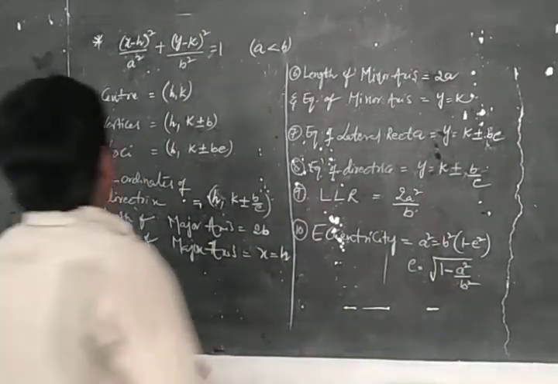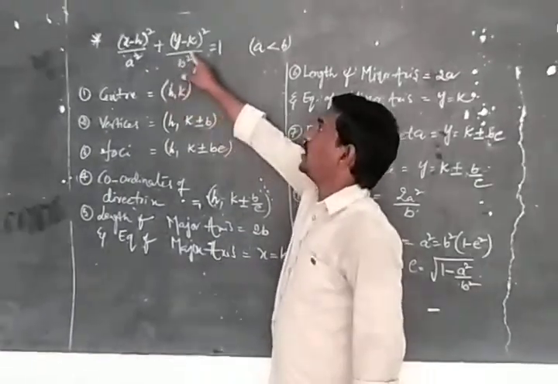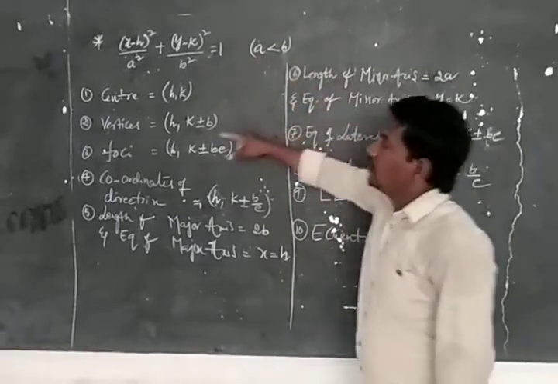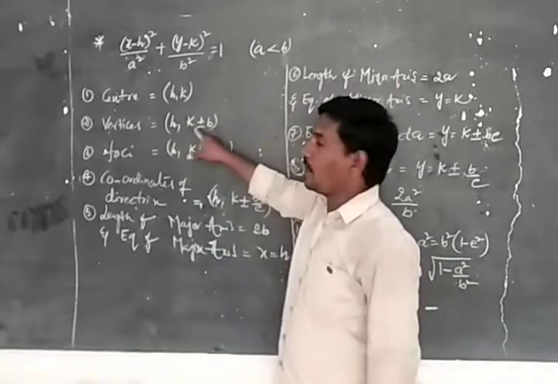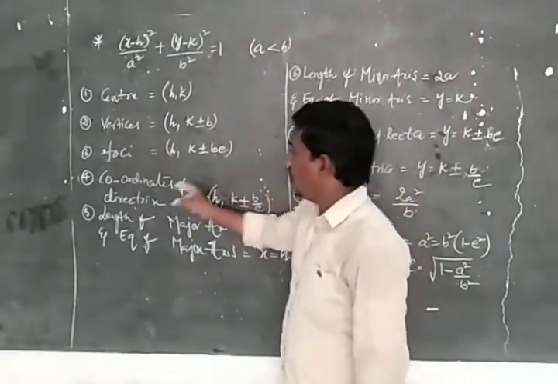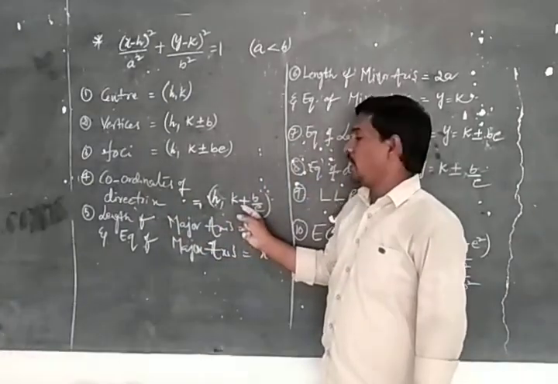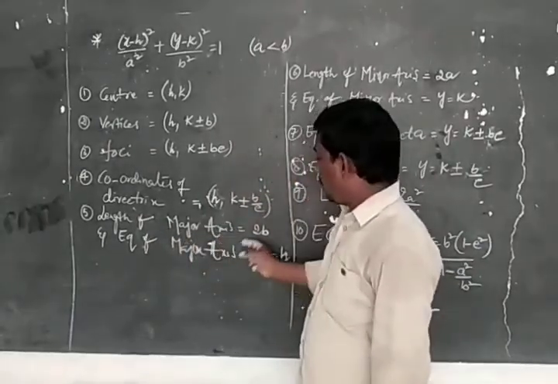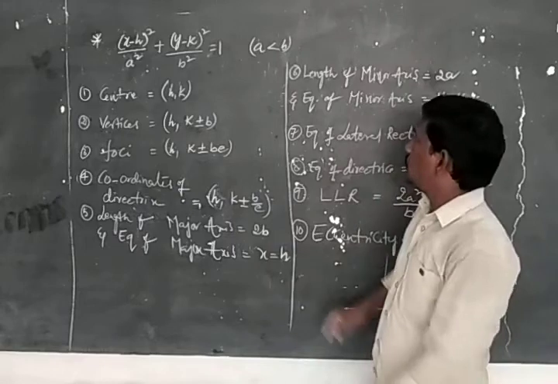Okay, look at once. x minus h whole square by a square plus y minus k whole square by b square equal to 1, a less than b. Center h comma k, vertices h comma k plus or minus b, foci h comma k plus or minus b, coordinates of directrix h comma k plus or minus b by e. Length of major axis 2b and equation of major axis x equal to h.